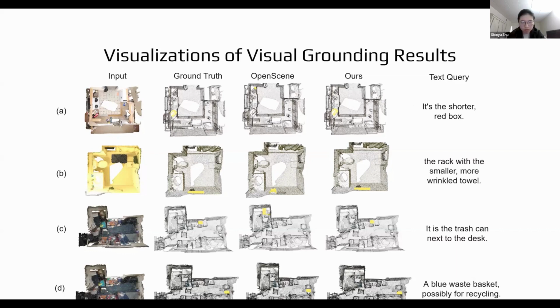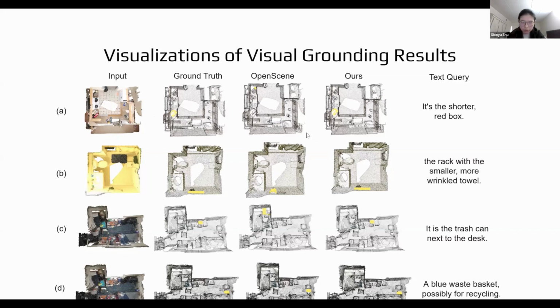Then we have a set of, for example, 10 mask proposals, and our task for visual grounding is to select the one mask proposal from all the 10 masks that corresponds to this specific text query. It's like a ranking, but we focus on the top one performance.